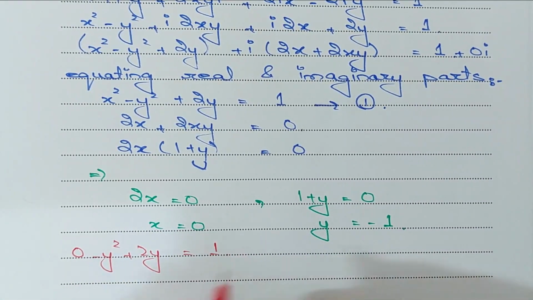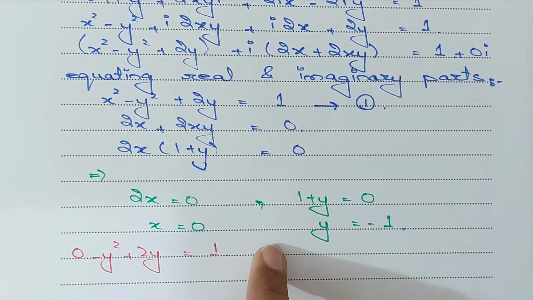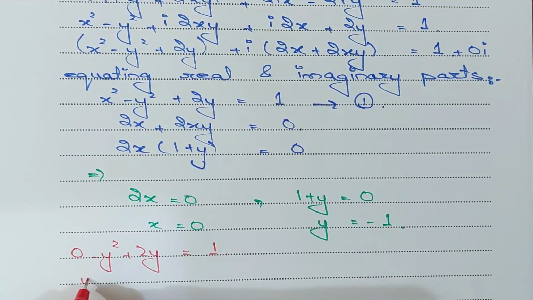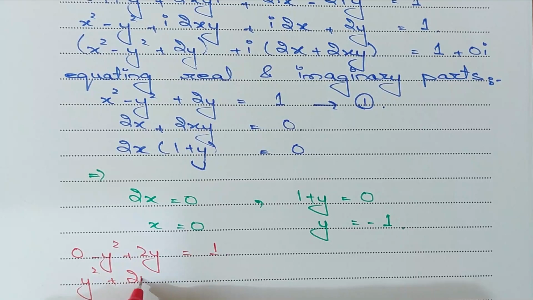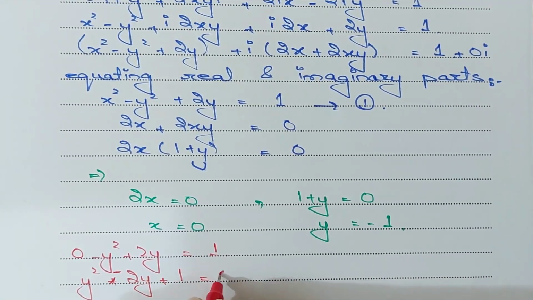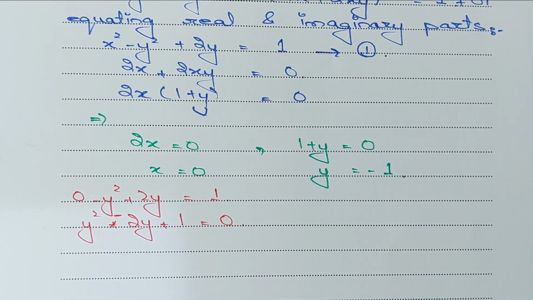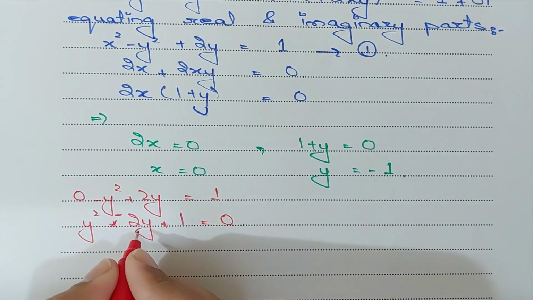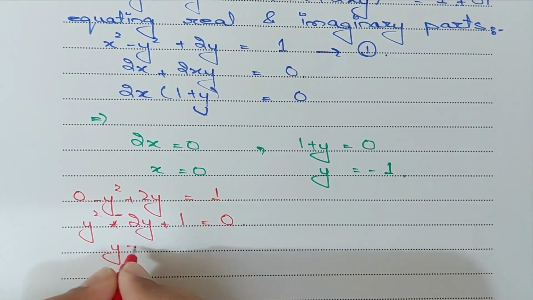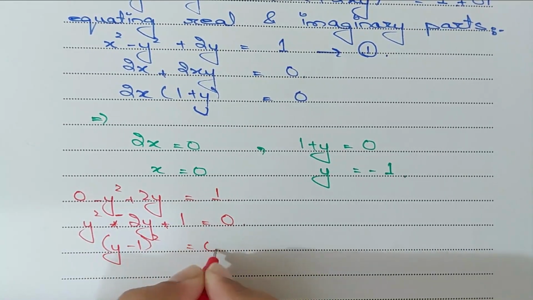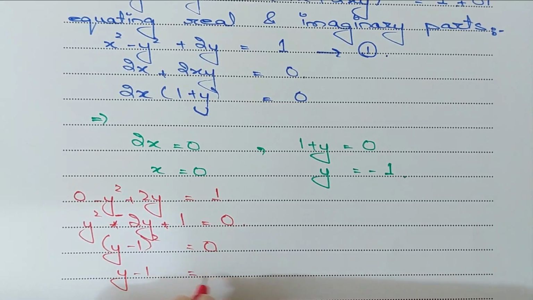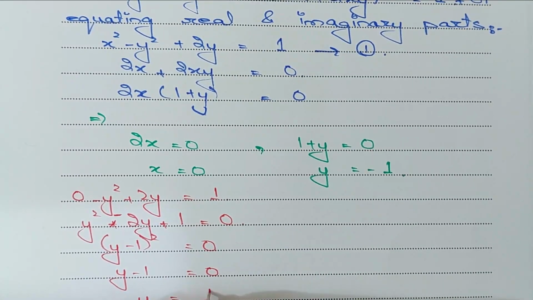So shifting all the terms to the right side, we have y squared minus 2y plus 1 equals 0. Quadratic equation in the variable y. So we have y squared minus 2y plus 1, which is (y minus 1) whole squared equals 0, or y minus 1 equals 0, or y equals 1.